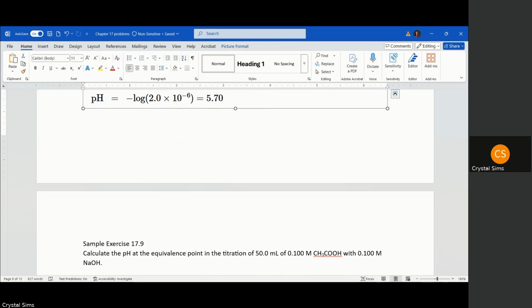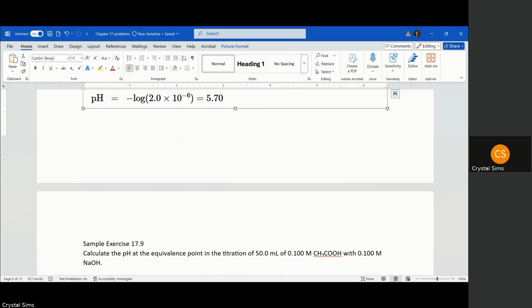When we neutralize a weak acid, it produces the anion, which is the conjugate base that's going to react with water. So the pH at the equivalence point is going to be greater than 7. We have a weak acid, strong base, so we should expect the pH at the equivalence point to be greater than 7.